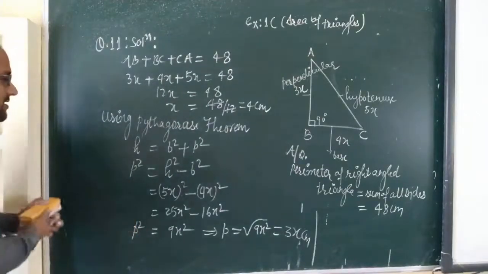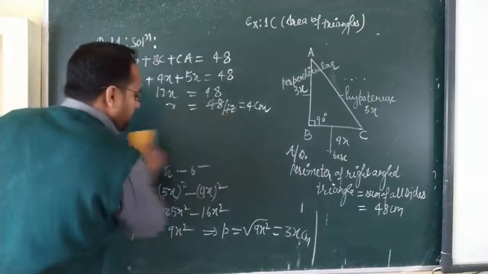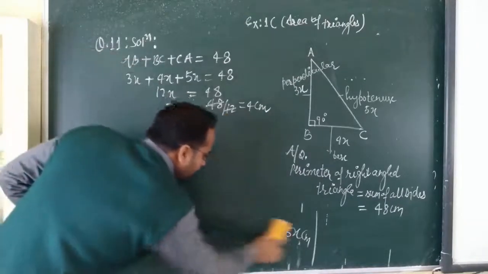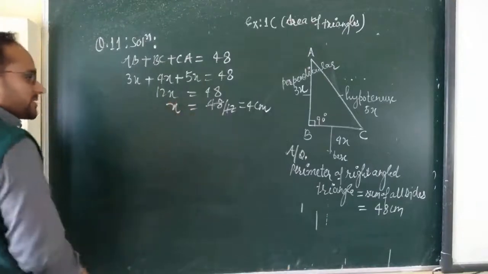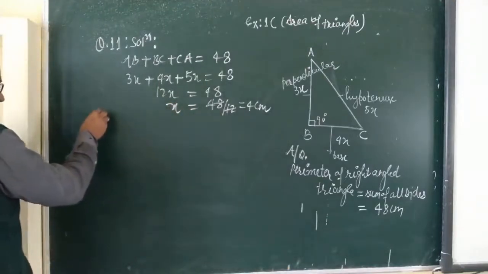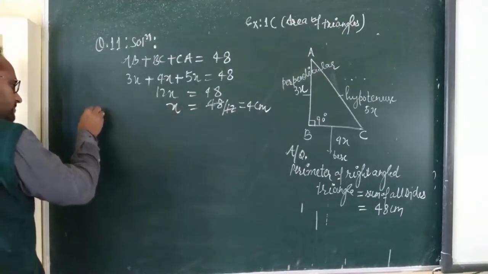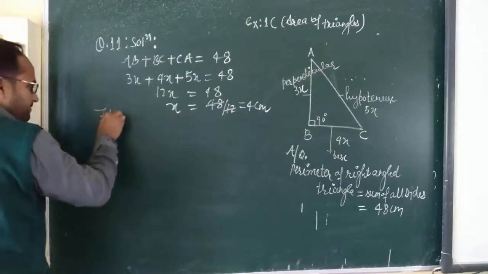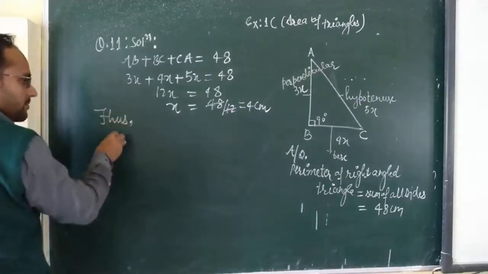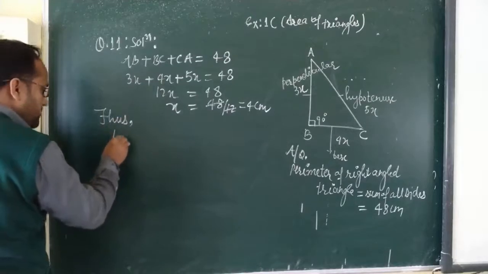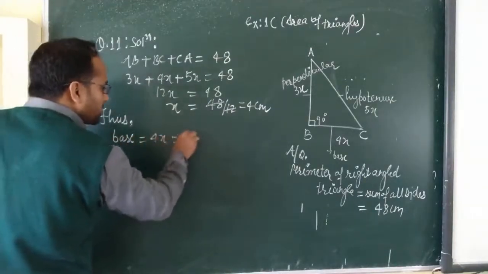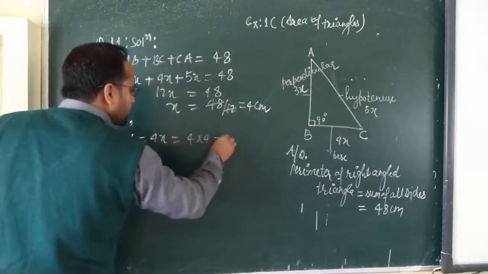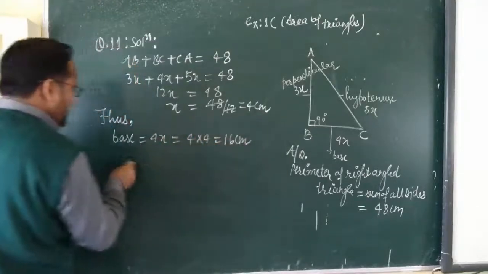Okay, so I'm going to erase this part. So x is equal to 4 centimeter. Thus the base is equal to 4x, so 4 into 4, you will get 16 centimeter.